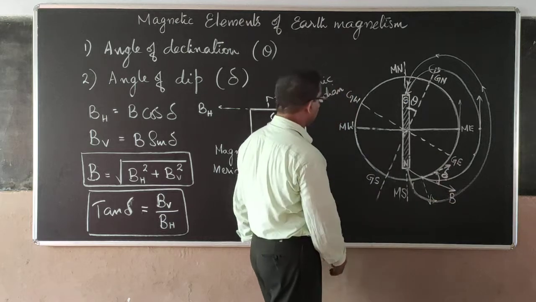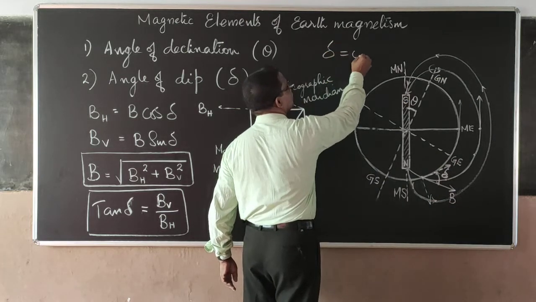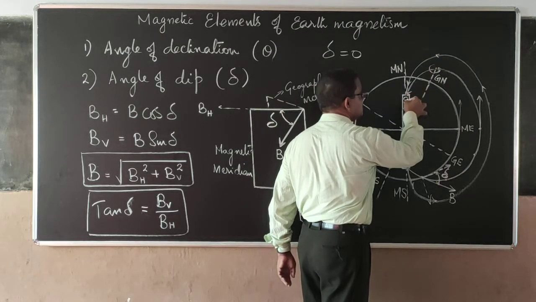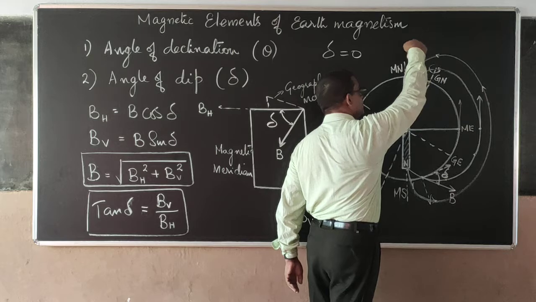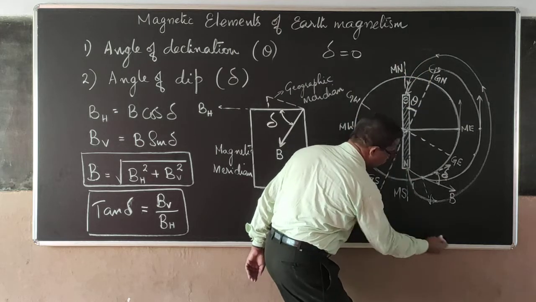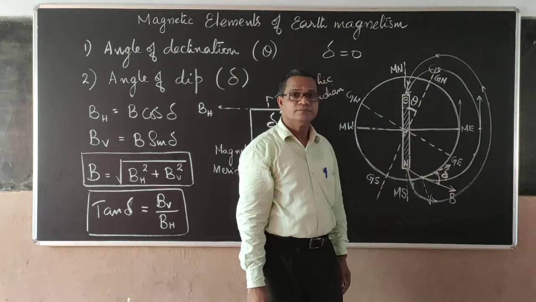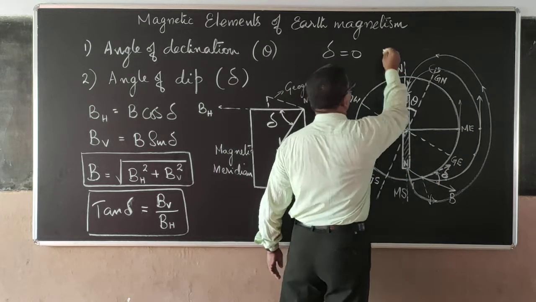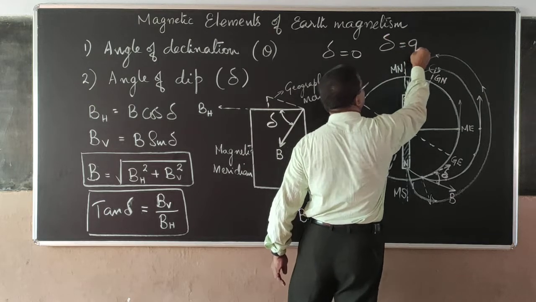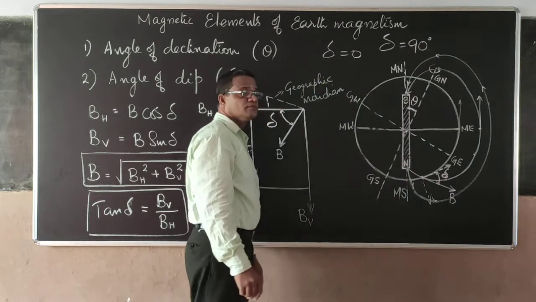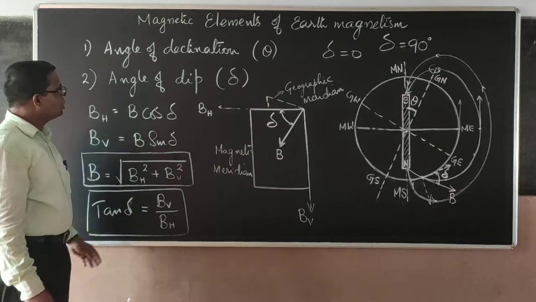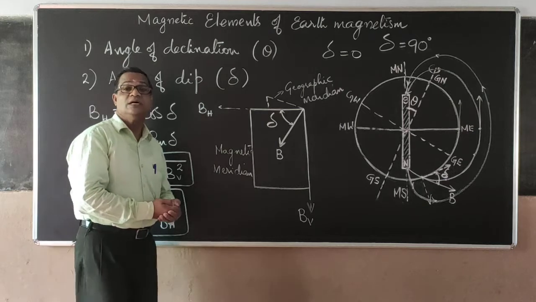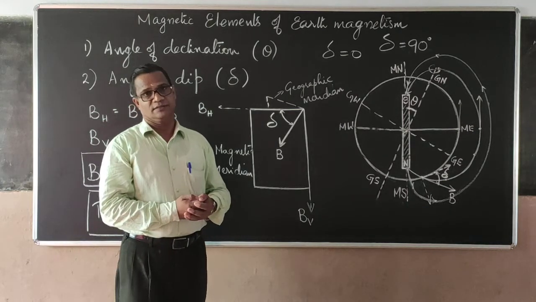So at the magnetic equator delta will be 0. And what about the magnetic pole? You can see at the magnetic pole the field is going normally in, and here normally out. So it is normal to the ground, therefore at these two points, the magnetic poles, delta will be equal to 90 degrees. Therefore angle of dip varies from 0 to 90 degrees, from the magnetic equator to the magnetic pole of Earth.